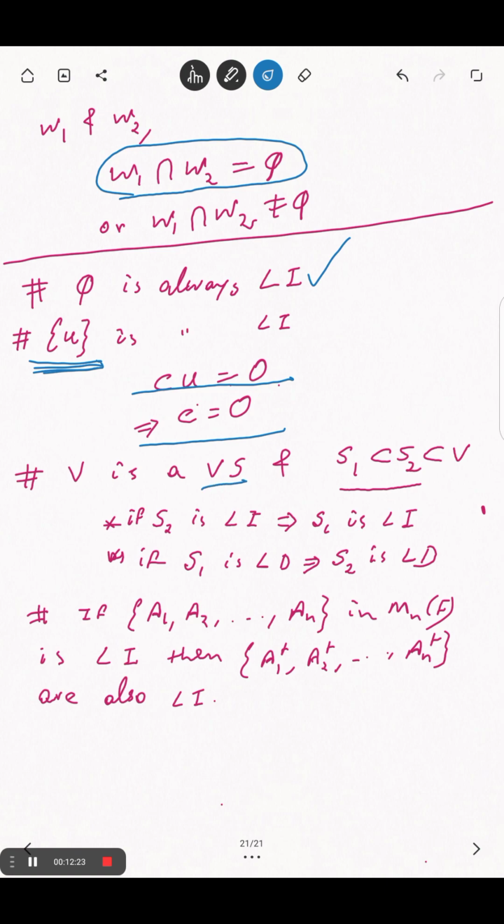If V is a vector space and S1, S2 are two non-empty subsets of V with this property, then if S2 is linearly independent, any proper subset of S2, that is S1, is linearly independent. If S1 is linearly dependent, then any superset of S1 must be linearly dependent. In the case of matrices, if a set of n by n matrices is linearly independent, then the set of their transposes is also linearly independent. Okay?